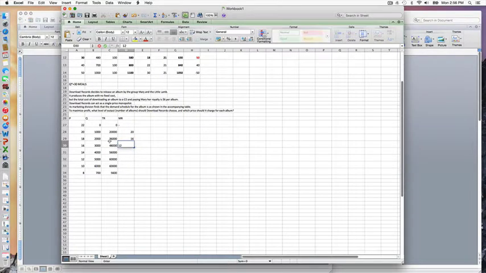So that's going to be 12. 56,000 minus 48,000. That's going to be 8,000 divided by 1,000, 8. 60,000 minus 56,000. That's going to be 4,000 divided by 1,000, 4. Then 60,000 minus 60,000 is 0 divided by 1,000, 0.